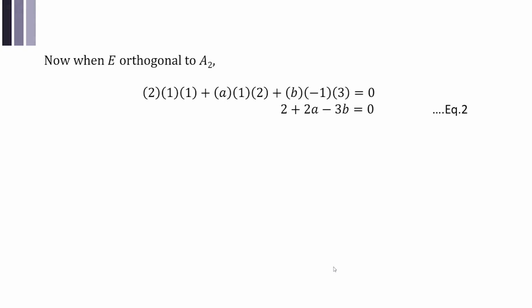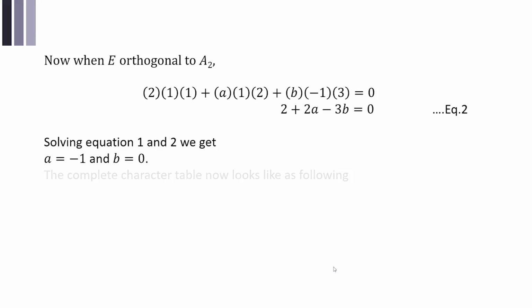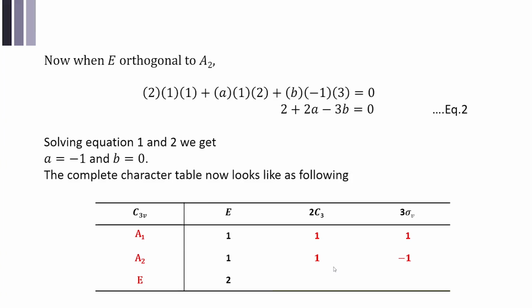Equation number 1 was 2 plus 2A plus 3B equal to 0. Solving the equations, we get A equal to minus 1 and B equal to 0. So now we have the characters of A1 and A2, and we can determine the characters of the E irreducible representation: for C3 it is minus 1, and for sigma v it is 0. That makes the character table complete.